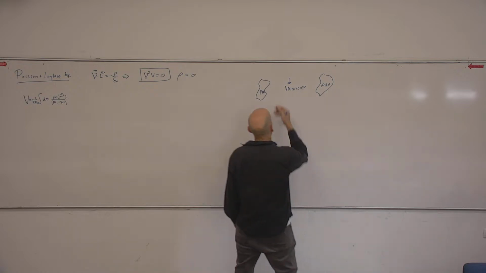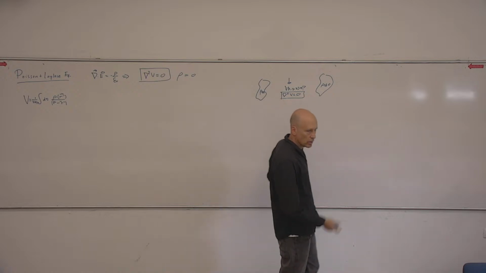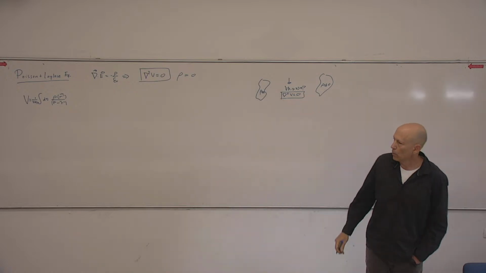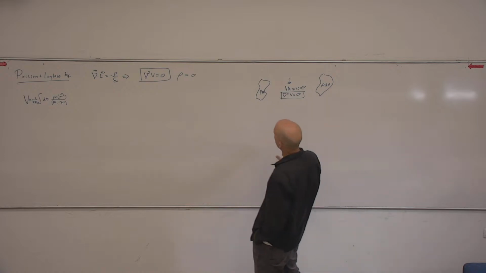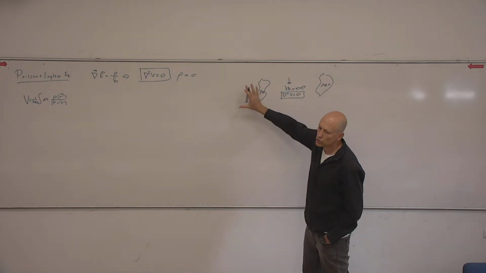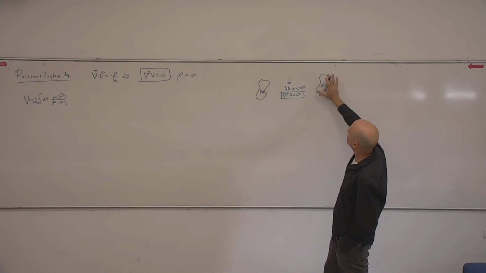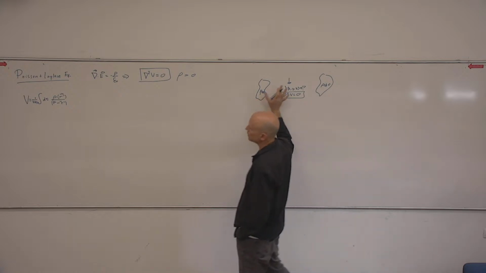And here there's no charge, so in this region, the Laplacian of V is 0. But let us look at all space, not only at one region. We have here some charges. The basic equations tell you that given these charges, I know the solution, and that's it.